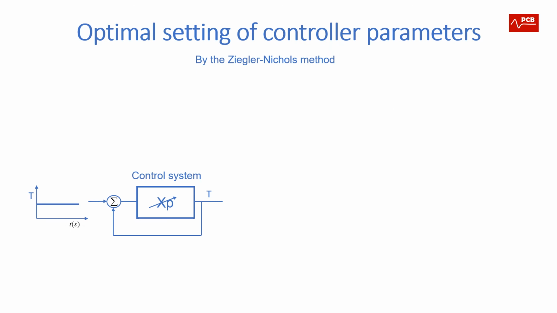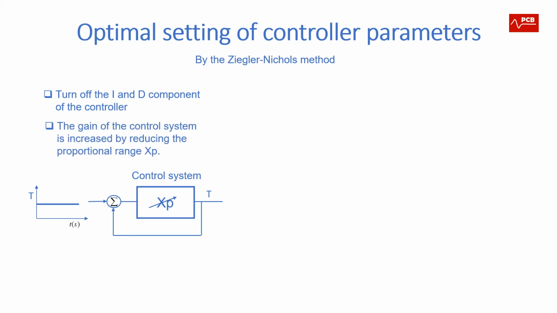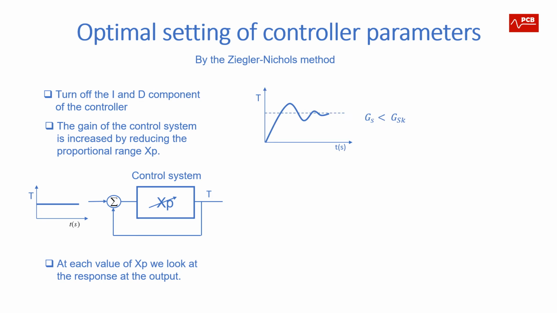How to find optimal settings of controller parameters? We'll present the Ziegler-Nichols method. First of all, we need to switch off the I and D components, and then by reducing the proportional band we try to make the system unstable. For each value of proportional band, we make a graph.